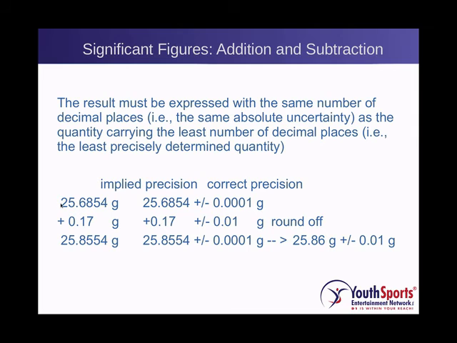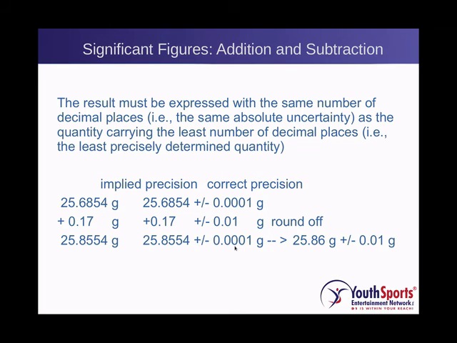So you're adding a very precise number to an imprecise number. What you'll have to do is take the least number of decimal places that were precisely known. For example, when we add 25.6854 to 0.17, we get 25.8554. Since you add all of these, you end up with 25.8554, but the plus or minus range is actually 0.01 grams because of this imprecision.